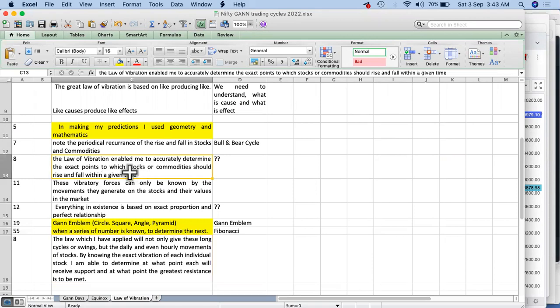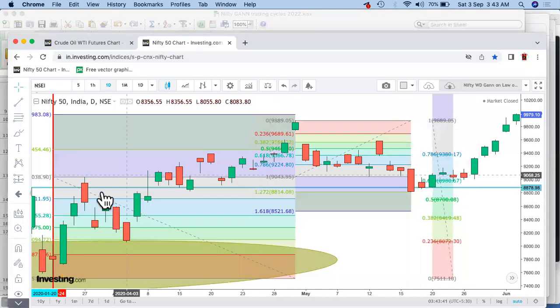Now let's try to keep this given time a bit different, but what we try to understand is if I know about this cycle for uptrend and if I know about this cycle for downtrend, I can at least come to know that this price should be coming somewhere nearer to the 0.5 level, right?